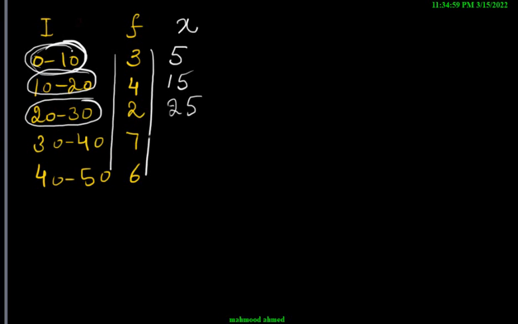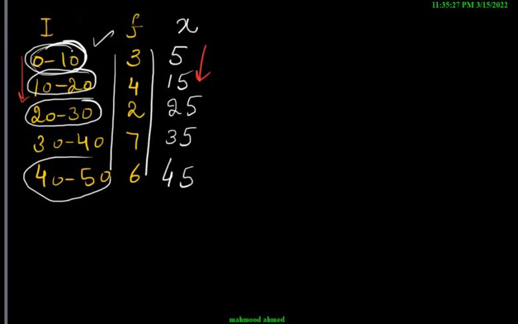In the next interval we have 30 and 40, and their sum is 70, and 70 divided by 2 gives 35. In the same way for the next interval we get 90, and 90 over 2 is 45. Now you see you have three columns: I in the first column, f in the second column which represents the frequencies, and the third column which represents the mid values of each interval.